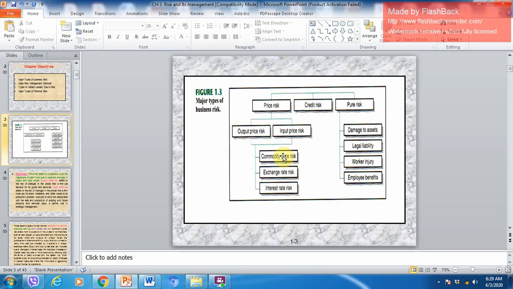Fluctuation in the price will be input price risk for you and output price risk for your supplier. It means the price that you pay to your supplier is input for you, but at the same time the price you are giving to the supplier is output price for the supplier.